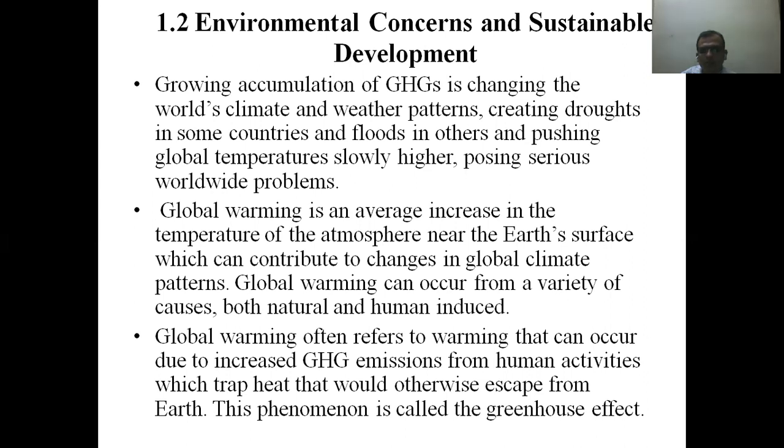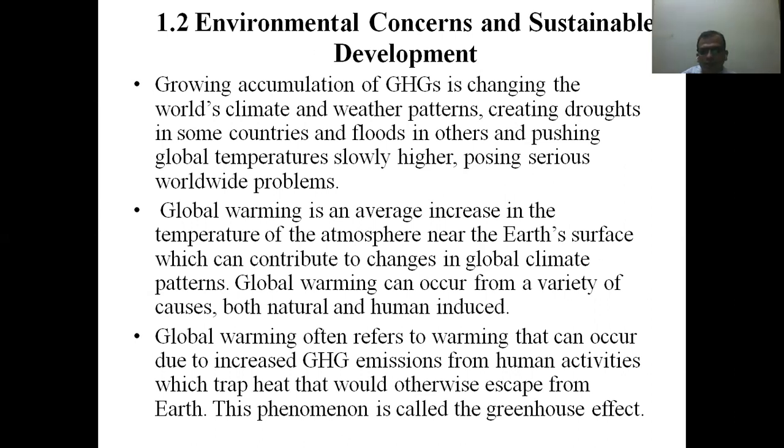When you use IT infrastructure, obviously you use energy, and then greenhouse gas emissions occur. So the temperature of the climate will increase and the weather patterns will change. If the temperature increases, droughts will occur because of water depletion, then floods will occur, and global temperature also increases. So serious worldwide problems will occur.